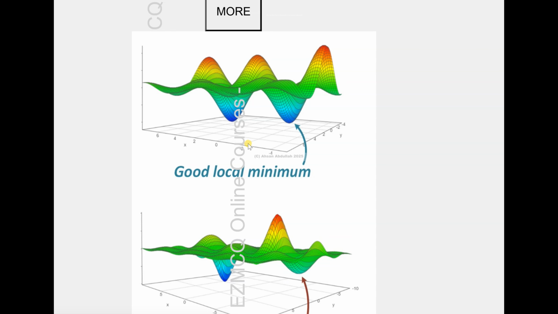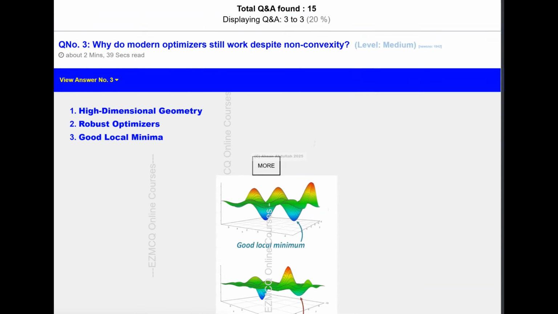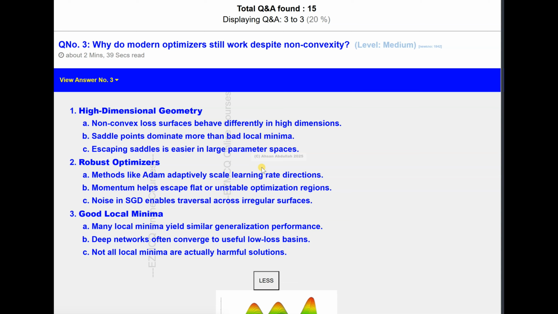However, real world neural networks exhibit characteristics that somehow mitigate these challenges. So the purpose of this lecture is to look at them. These are the more details. So we have non-convex loss surfaces and of course robust optimizers.